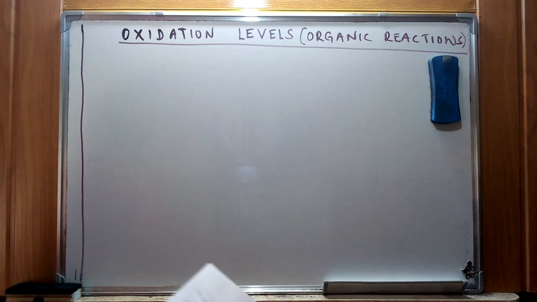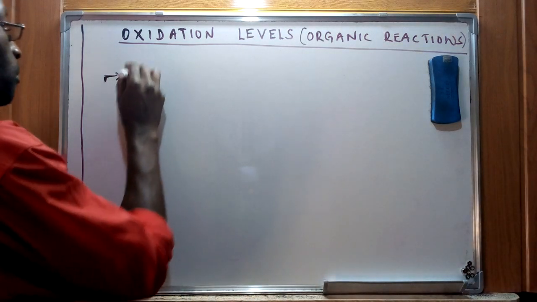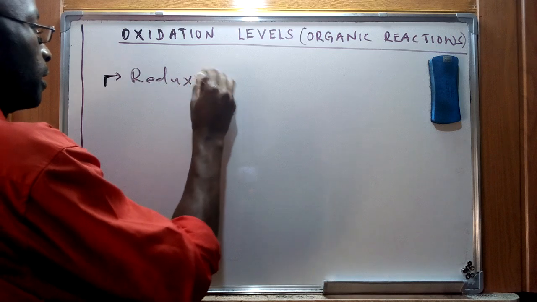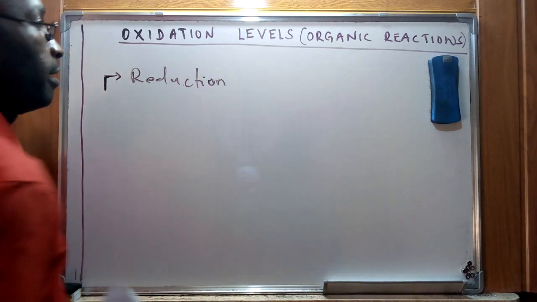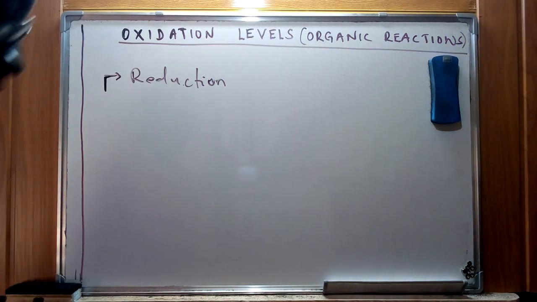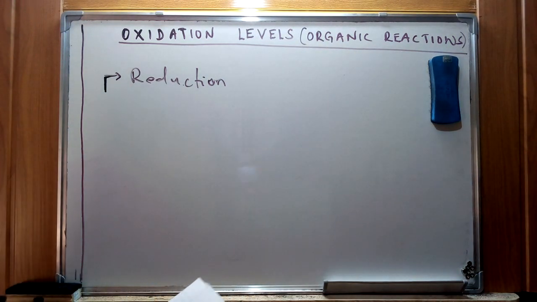In trying to figure out whether a reduction or oxidation process has taken place, it is going to assist us in different organic reactions in assigning the reagents that we are going to use.